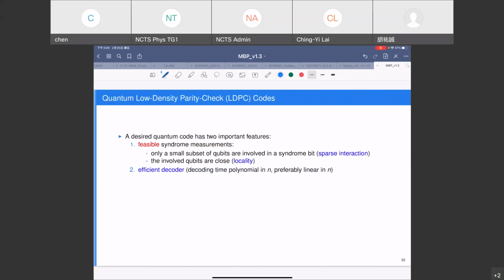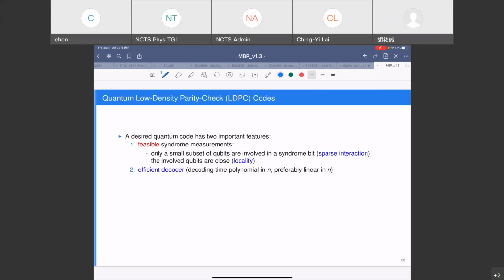A desired quantum code has this feature. First, feasible syndrome measurement. Because we want to do error correction, we need to do the syndrome measurement first, then a decoding algorithm to find the error, then we perform the recovery operator.